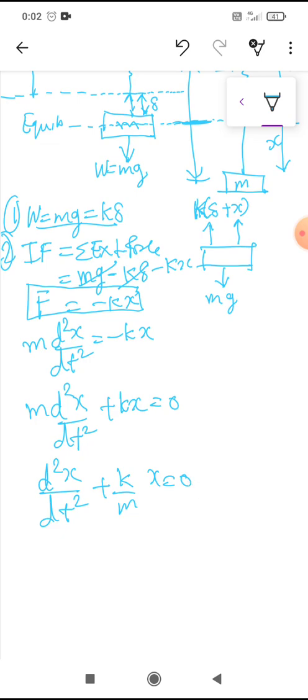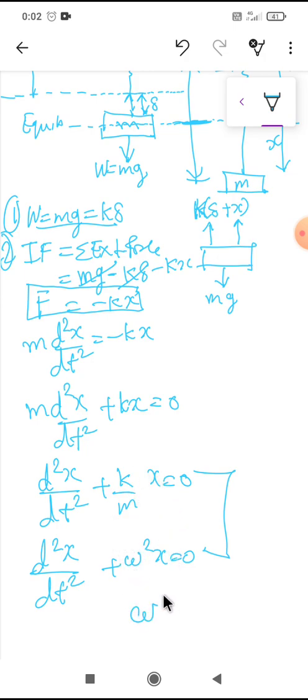This equation is similar to the equation of simple harmonic motion, that is d square x upon dt square plus omega square x equal to 0. Comparing both equations, we get omega square is equal to k by m. So omega n, the natural frequency, is equal to under root k by m. This is the angular frequency.